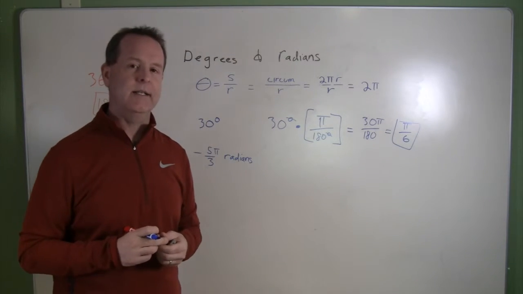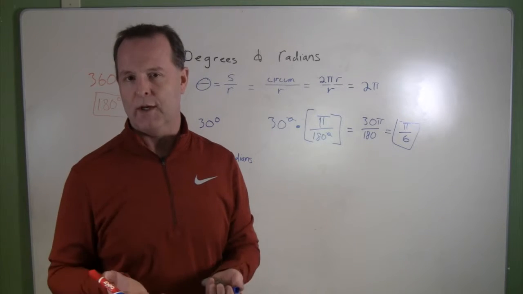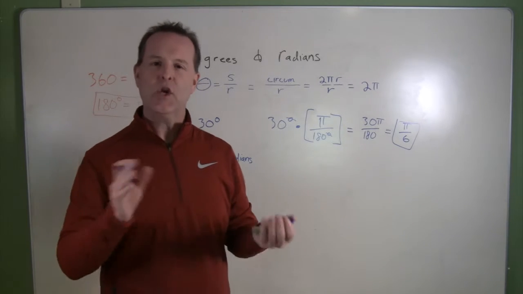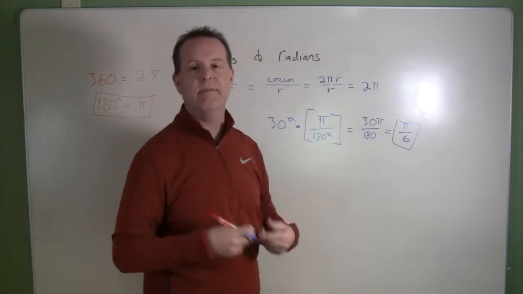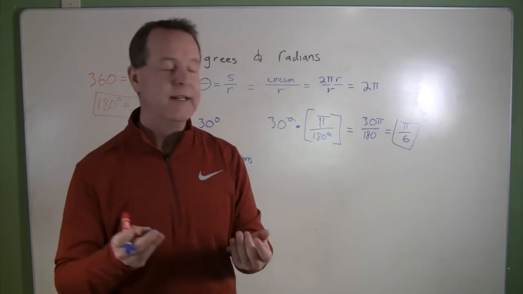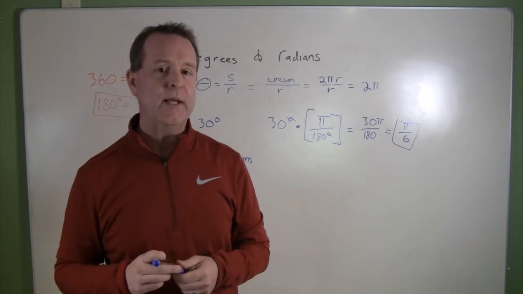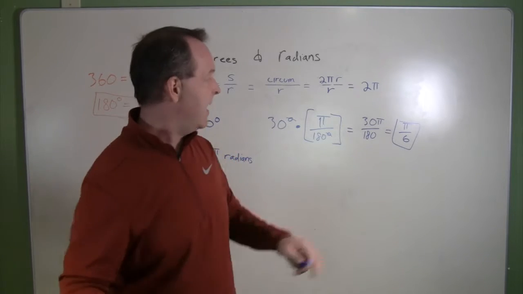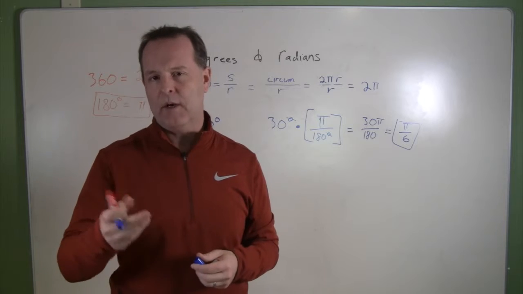Many of us are going to want to use our calculator and its decimal approximation of pi and take 30 times 3.14 and so on, and get some type of decimal response. That's not going to be helpful for us as we continue on. An answer that's left in pi is an exact form that we're going to be able to work with.